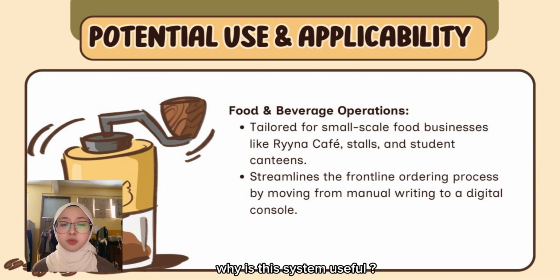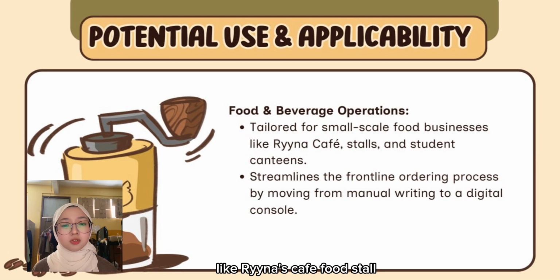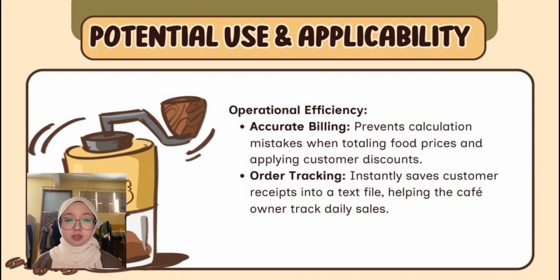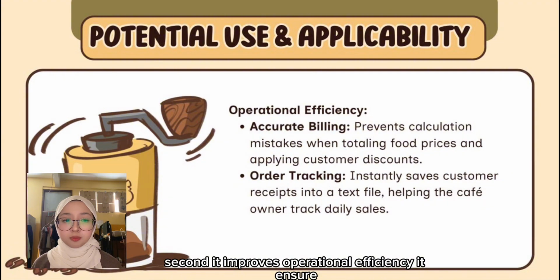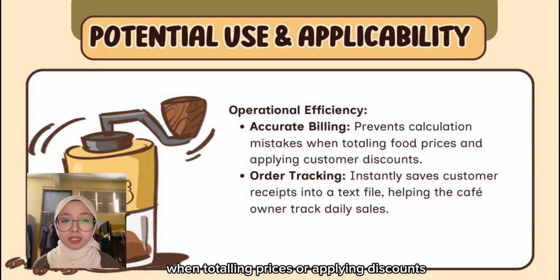Why is this system useful? First, for F&B operations, it is perfectly tailored for small-scale businesses like Rina's Cafe, food stalls, or student canteens to move away from manual writing. Second, it improves operational efficiency. It ensures accurate billing by preventing calculation mistakes when totaling prices or applying discounts.